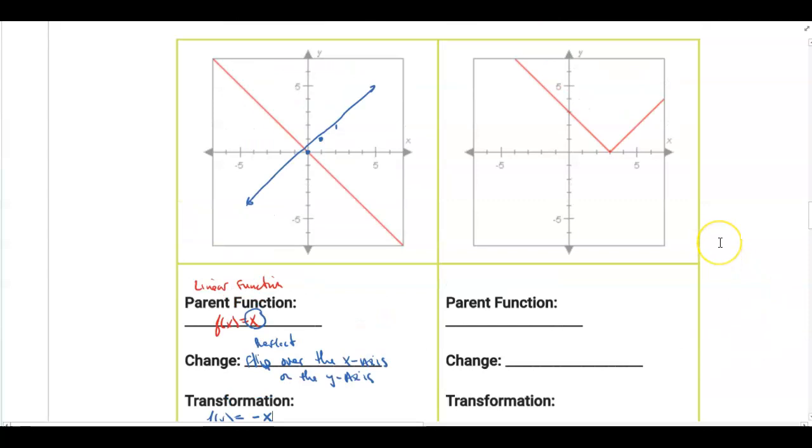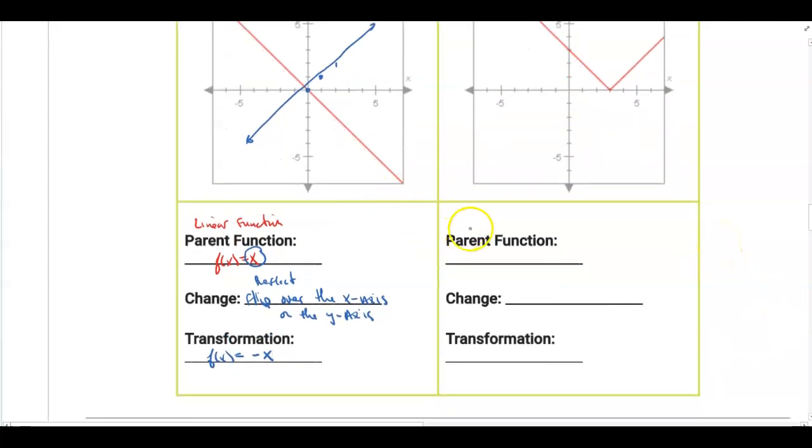Okay, now the next one, this parent function is called an absolute value function. And what this looks like as a function is f of x equals the absolute value of x.